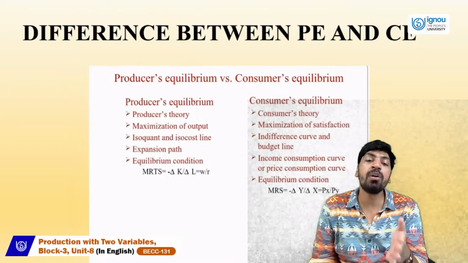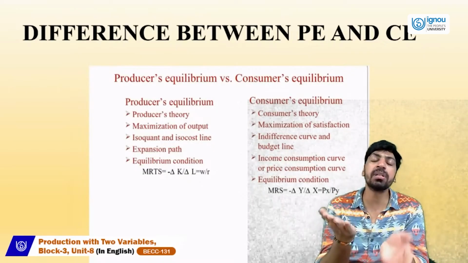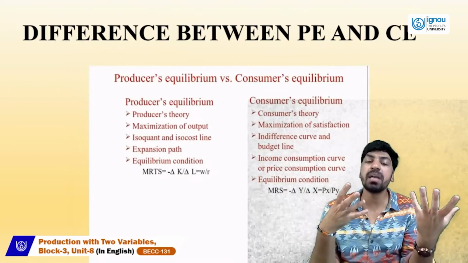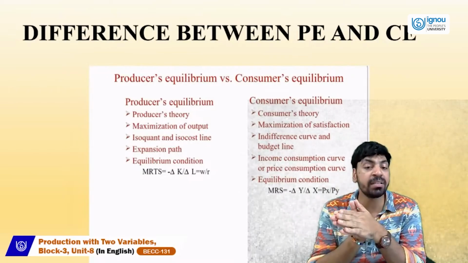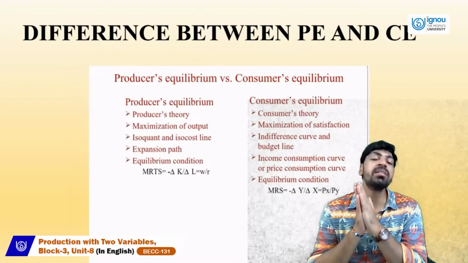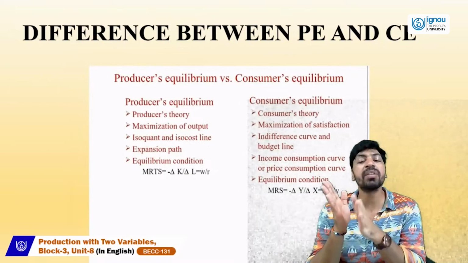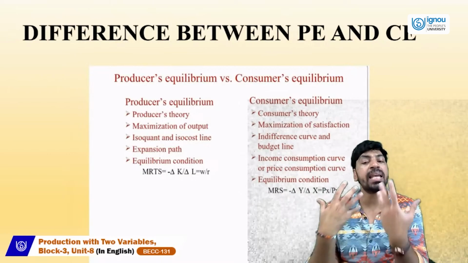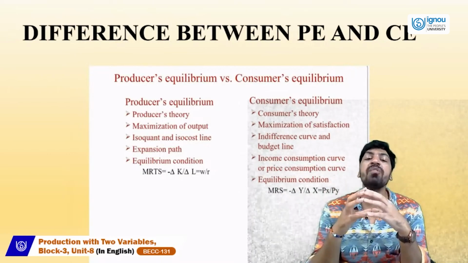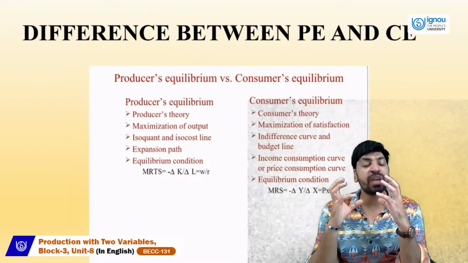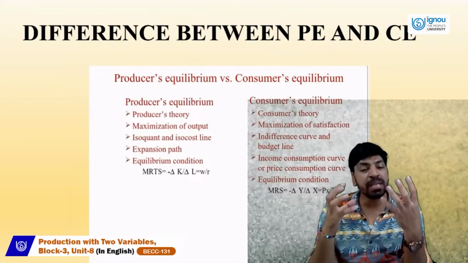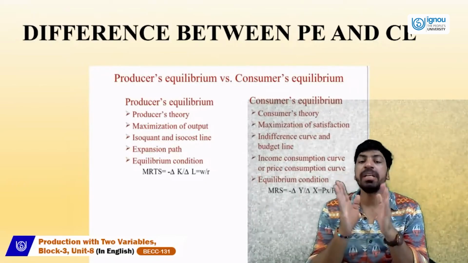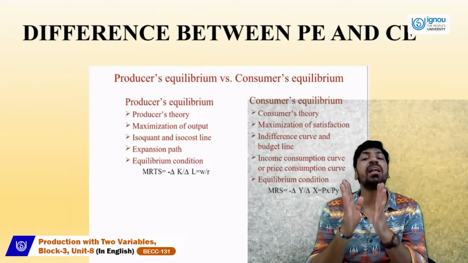Students always have a misconception that the marginal rate of substitution and the marginal rate of technical substitution are exactly the same. But it's not at all the same, because for the marginal rate of substitution we are talking about two variables, X and Y. For the producer, we are talking about two factor inputs, which are always variable, always changing according to time and situation in the long run.